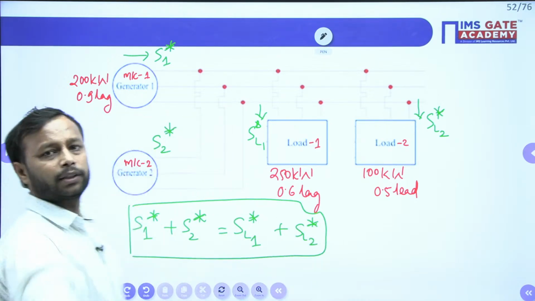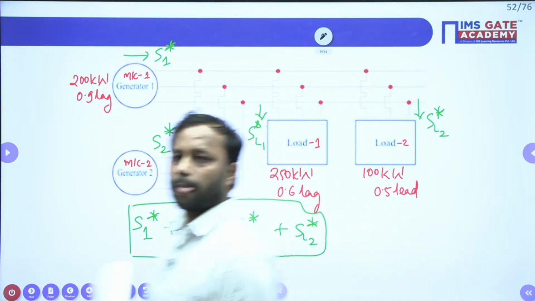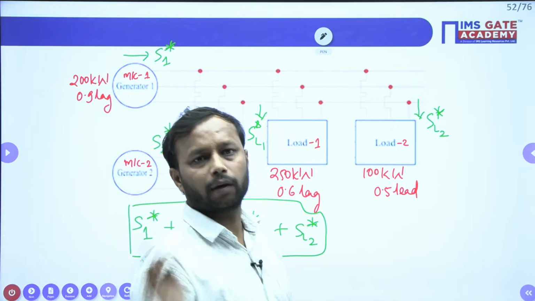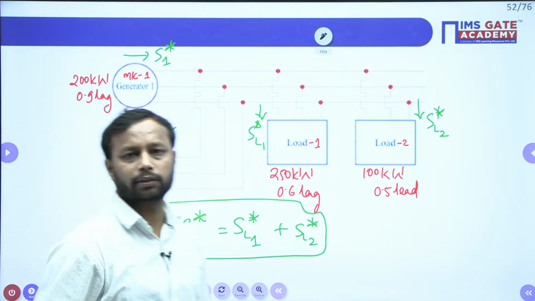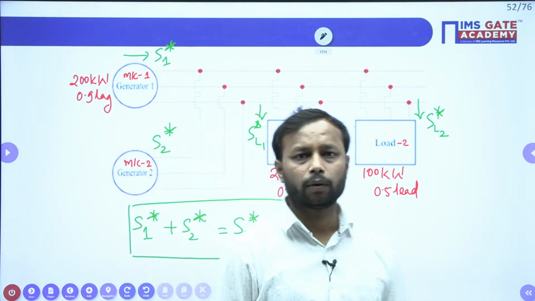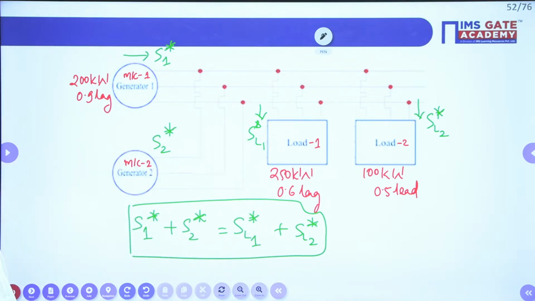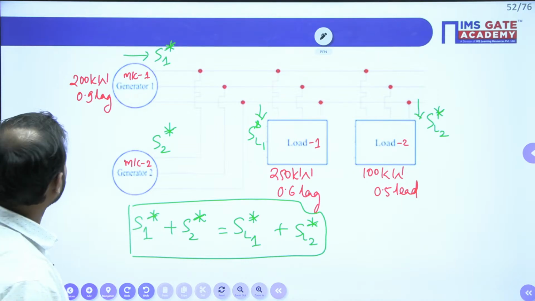In any machine, this equation is valid. In any machine, the complex power generated is equal to the complex power taken at the load, considering the losses. All right. So moving ahead, I need to calculate the complex power. Now look at here.